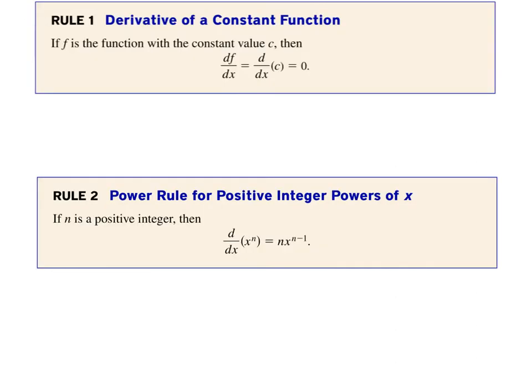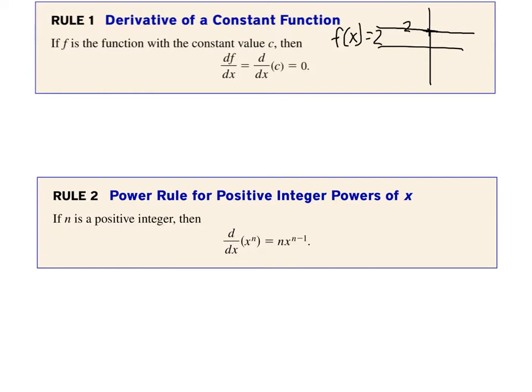Number one rule is the derivative of a constant. If we think about the graph of a constant, let's say our constant here was 2. So the function would be f of x equals 2.